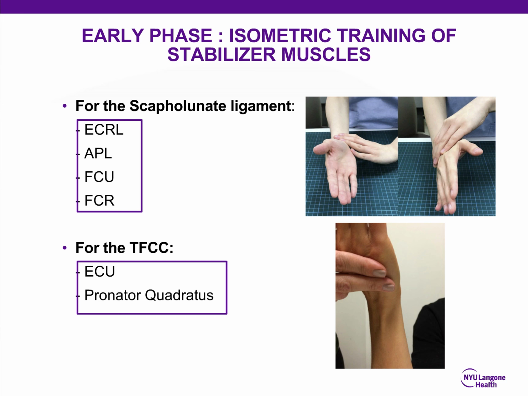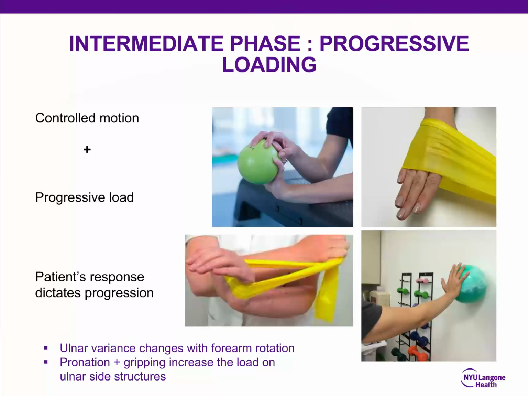So we know that for the scapholunate ligament injury, the friendly muscles, the stabilizers, are going to be the extensor carpi radialis longus, APL, FCU, and FCR. So we can start with some isometric training of those muscles. For the TFCC, we know that we need to strengthen the ECU and the pronator quadratus because they help with distal radioulnar joint stability.